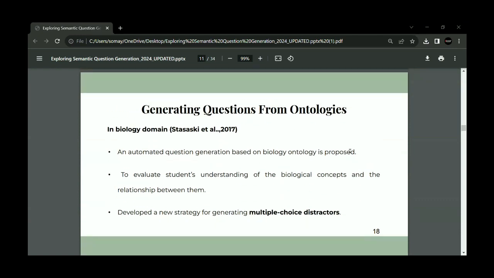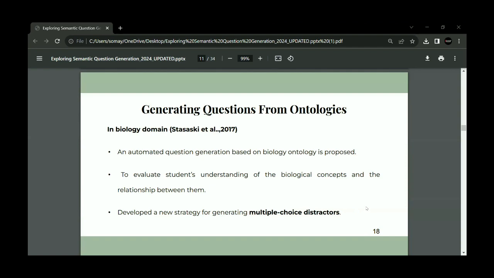So now we'll go through the researchers that generate questions from the ontology and how they use the ontology to generate questions and the methods they use. For example, in the biology domain, they built an automated question generation based on biology ontology to evaluate students' understanding of the biological concepts and the relationship between them.